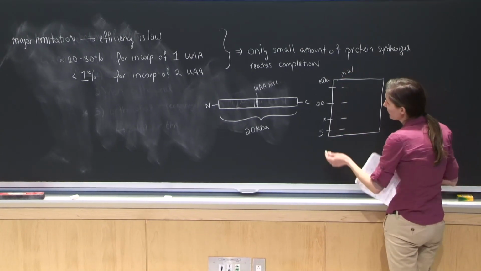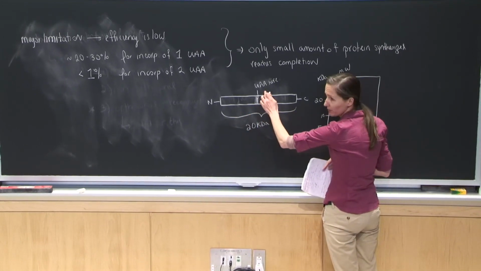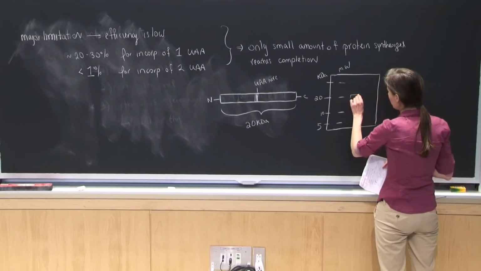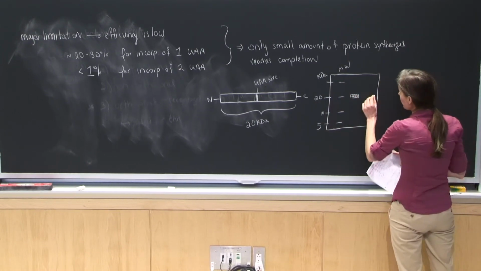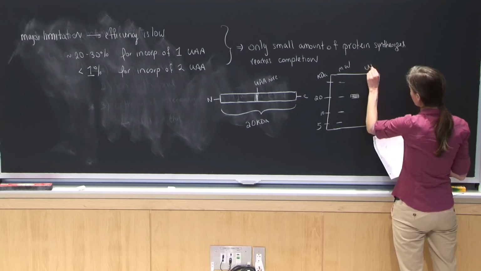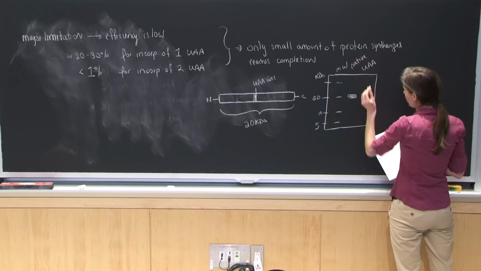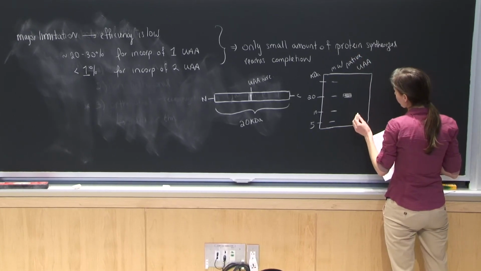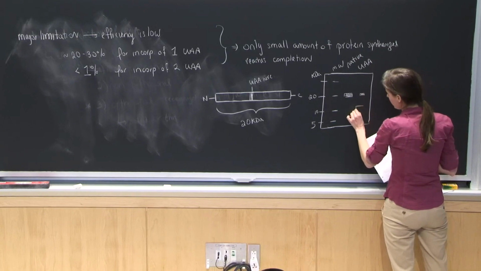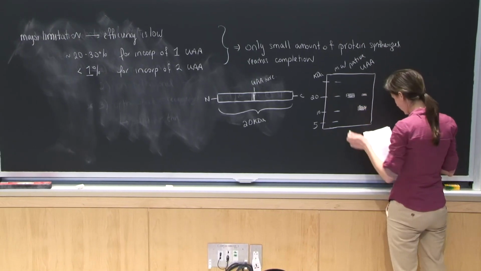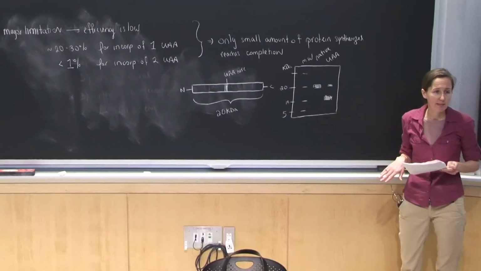Okay, if you do this, say, for the native sequence, so you haven't put in the stop codon, imagine there's your protein. If we have the unnatural amino acid, what do we see? Okay, something like this. So what does this tell you?